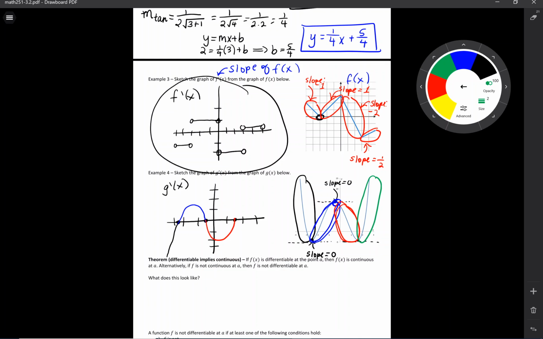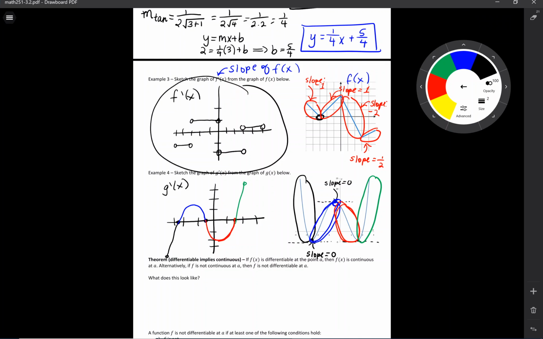That's why on this red piece I had to come back up to 0, because now I am positive again, so my y values will be positive. Actually, it doesn't have little arrows, does it? So I just draw open circles at the ends. So this is what the graph of g prime looks like.